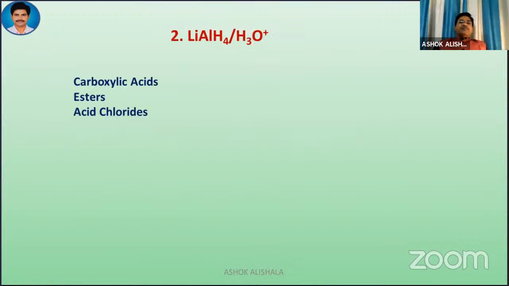Another one is lithium aluminum hydride. See, carboxylic acids or esters or acid chlorides, all these are said to be derivatives. Esters and acid chlorides are said to be the derivatives of carboxylic acid, and they will be converted into alcohol. I told you already, lithium aluminum hydride is a strong reducing reagent. That's why it simply converts all these compounds into alcohol.